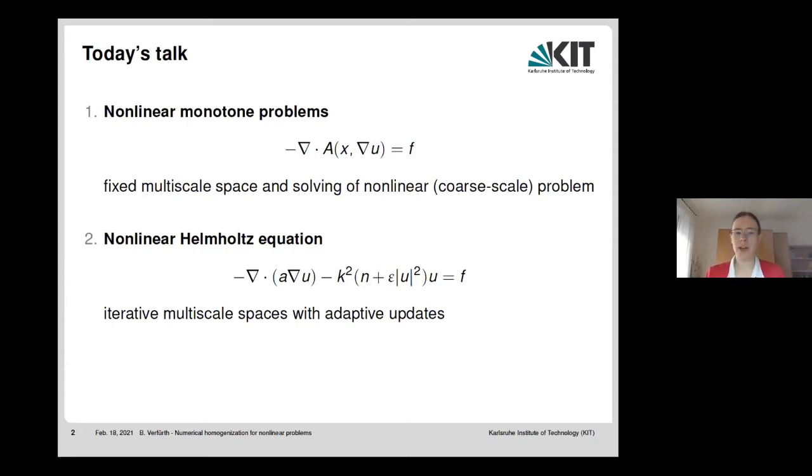We first apply an iteration scheme, something like Newton's iteration or fixed point iteration. Then in each iteration step, we have to solve a linear problem where we quite well know how to construct the multiscale spaces. So this leads to iterative multiscale spaces, and I will also introduce some adaptive updating procedure in this context. You don't need to understand all the words here. I will explain these techniques during my talk.